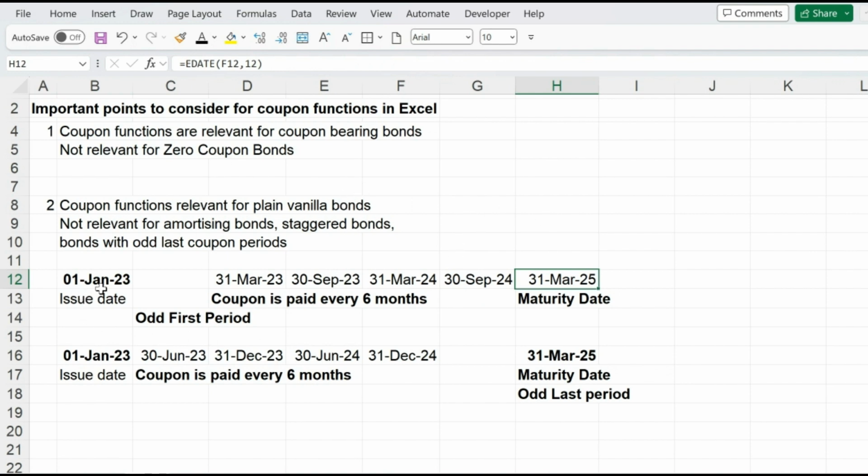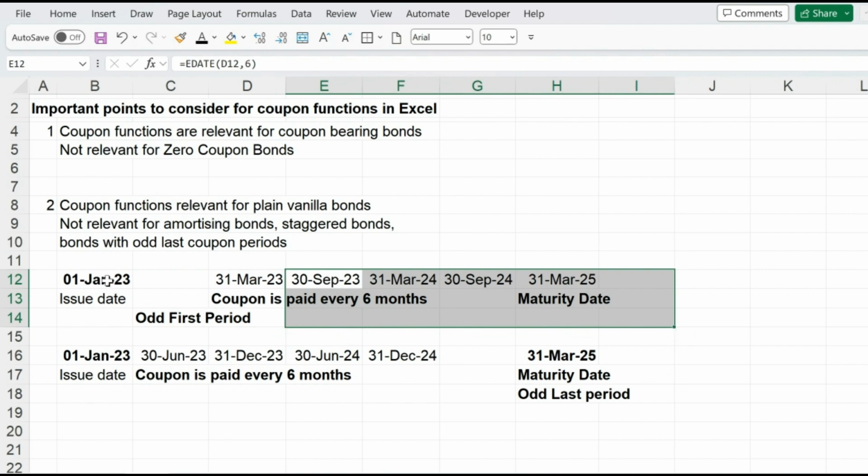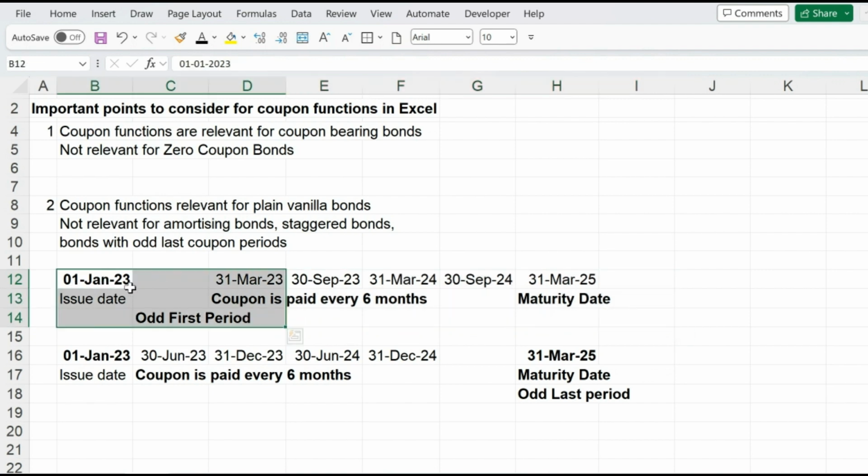So just to give you an idea, what do we mean by odd periods? If it is an odd first period, then the first coupon is an odd coupon, and after that you get periodical regularity. For example, in this case, 1st January 23 is an issue date, 31st March 2023 is the first coupon payment date, and after that every 6 months the coupon is being paid, which means that the first coupon is just 3 months, it's not 6 months.